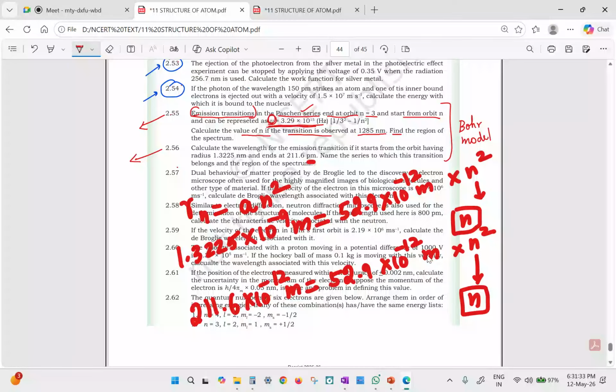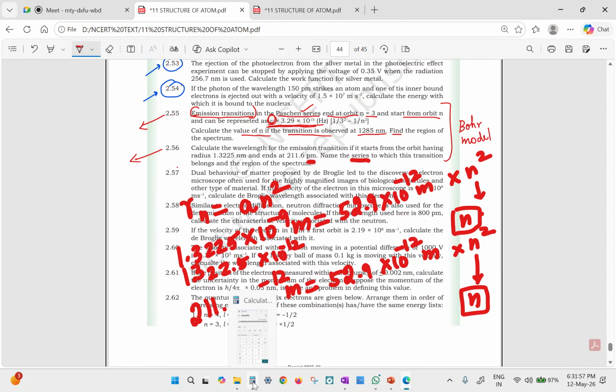Lower value will indicate the series to which it belongs, correct? Yes, ma'am. So I'll put it this way. Isn't it 1322.5 into 10 to the power minus 12?